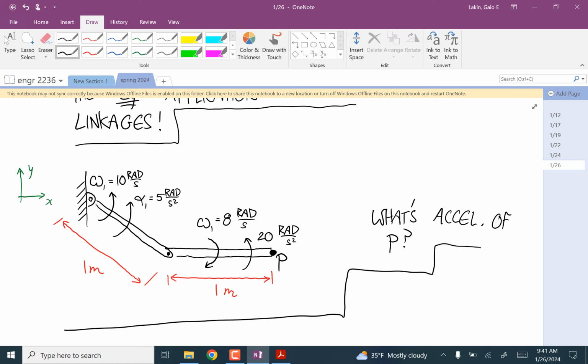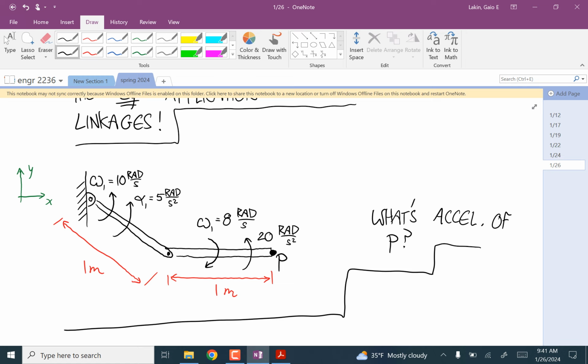All it knows is that this point is moving in circular motion around it. So I'll call this G for ground. I'll call this A. We're going to use circular motion to calculate the acceleration of A relative to ground. We're going to use circular motion to calculate the acceleration of P relative to A. Then we're going to use the relative motion equations and get the combined acceleration of P.